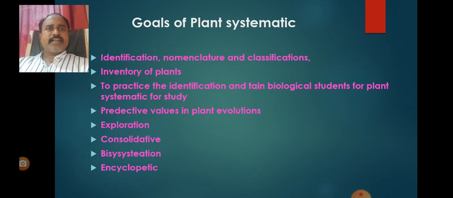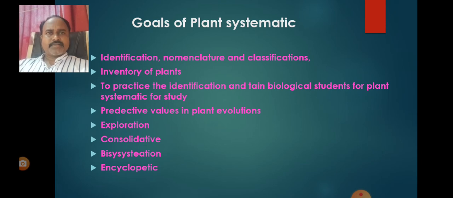So this inventory in our India was basically done by various Britishers like William Roxburgh, Theodore Cooke, Bentham and Hooker, Dalzell and Gibson for our Konkan region. So these are basically the inventory of the plants, which was done by the earlier scientists.